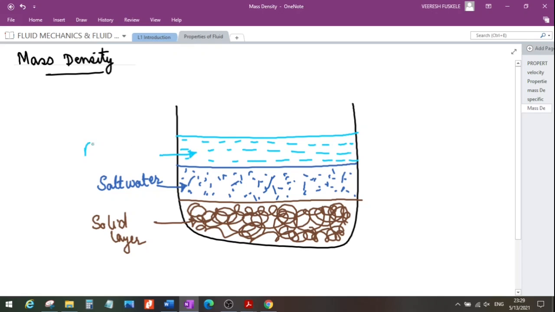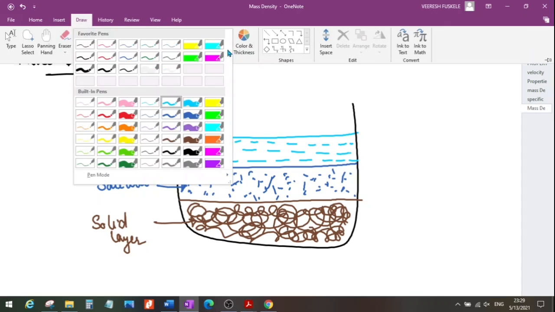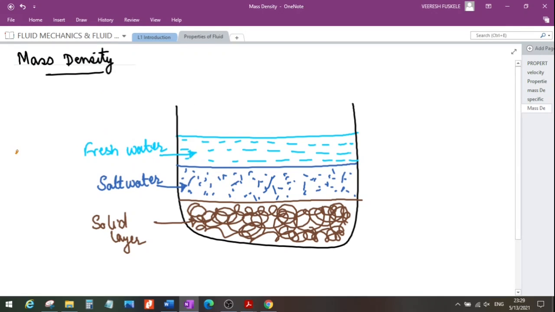So this is a layer of fresh water, right? So this is basically a solar pond.